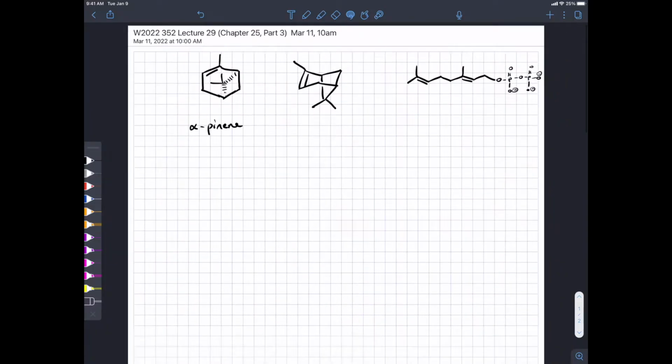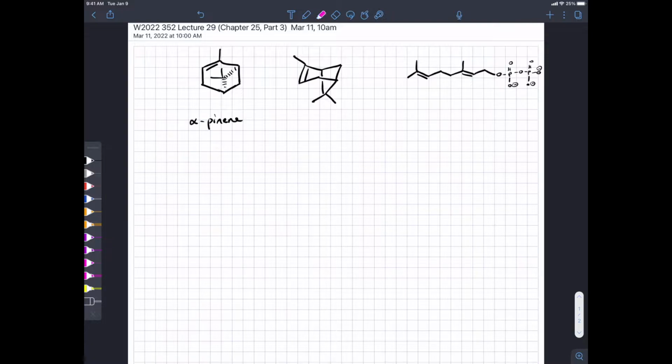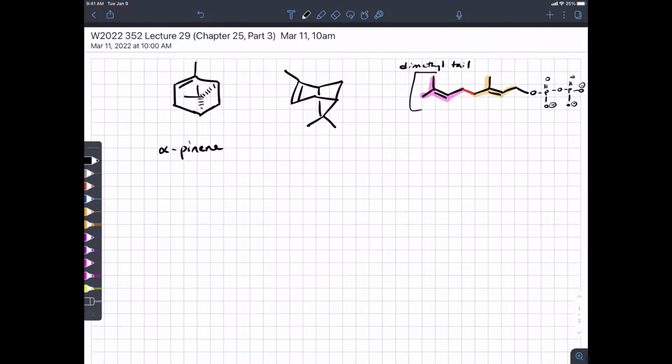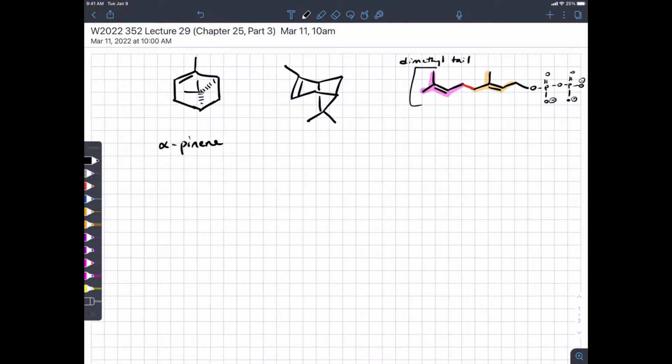Okay, so the question was, which of the isoprene units in the linear precursor end up where, and what new bonds did we have to make along the way? Okay, so I told you the way to begin is to identify the dimethyl tail in the starting material, and then to look for a carbon that's bonded to two methyl groups, or something like two methyl groups, in the product.